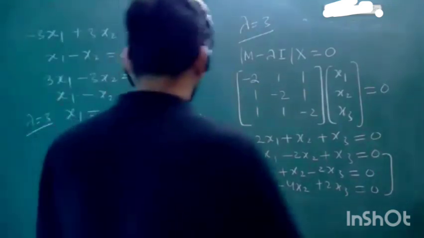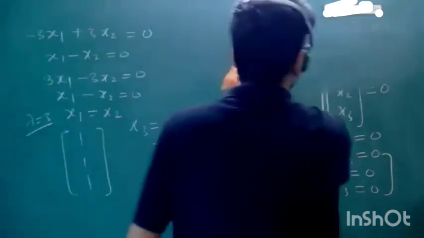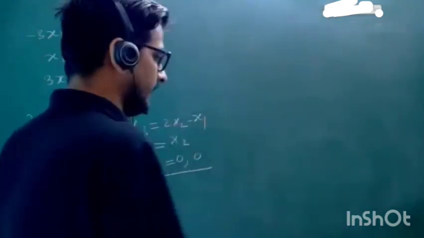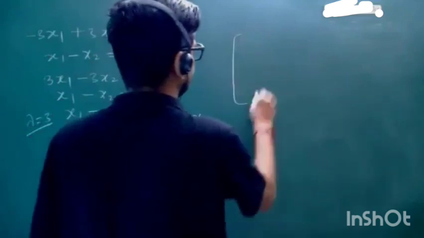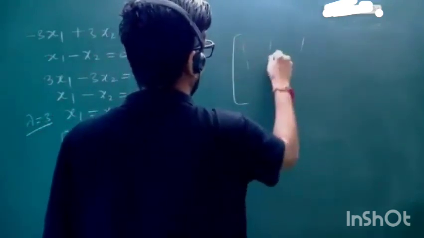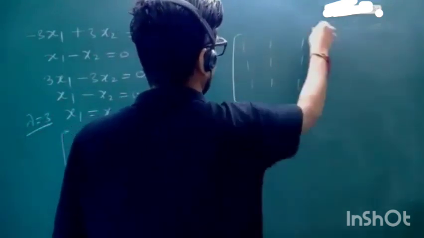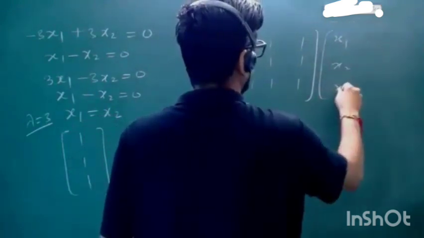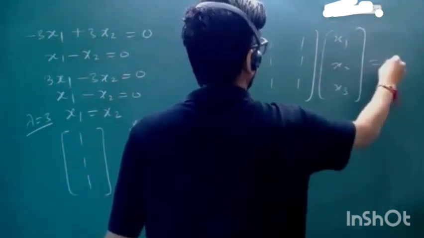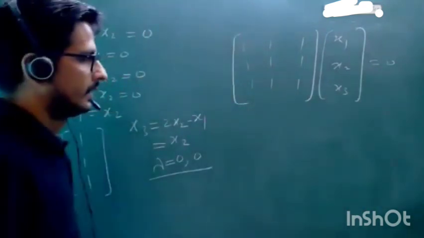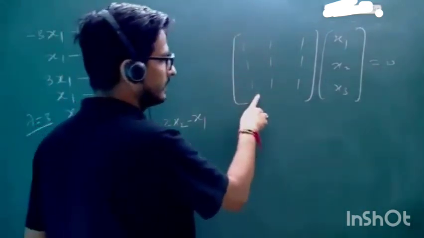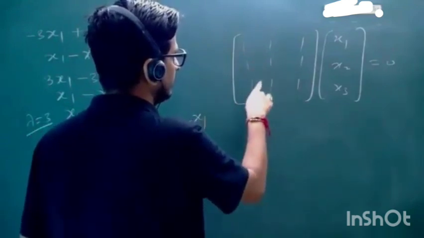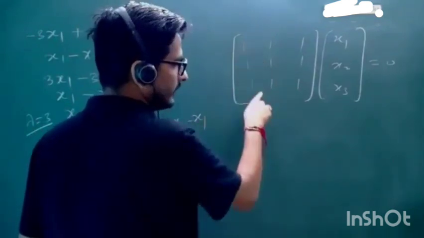This is important. So suppose I want to write it for 0, then what will happen? It will be 1, 1, 1, 1, 1, 1, 1, 1, 1 into some x1, x2, x3, and this is equal to 0. Now by elementary transformation, suppose I subtract this from this and also this from this.